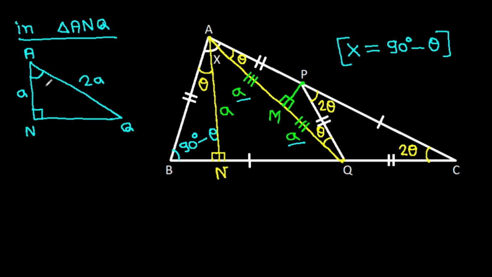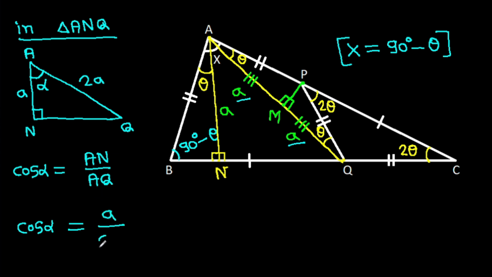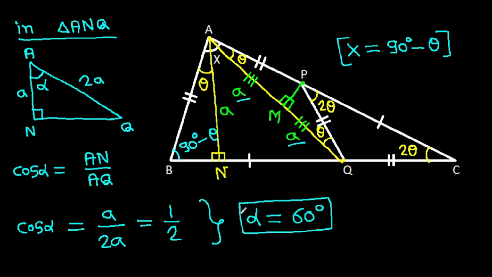And suppose this angle is alpha, then cos alpha will be AN over AQ, and cos alpha is equal to AN is A over AQ is 2A, and it is 1 over 2. That means alpha will be 60 degrees. So this angle is 60 degrees.